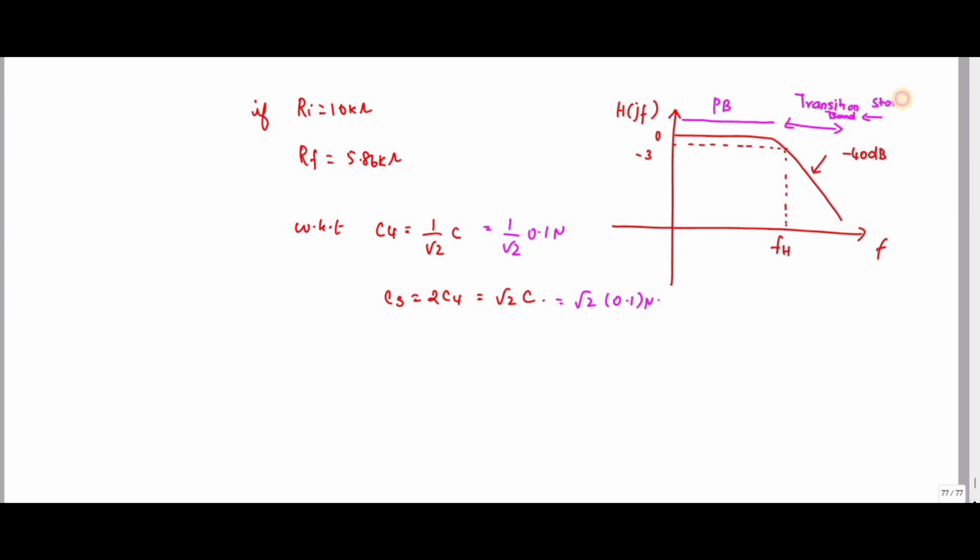This is called the stop band. So the transition band is between the pass band and the stop band. If you see, since I am using a Butterworth filter, I can get some ripple at this point.